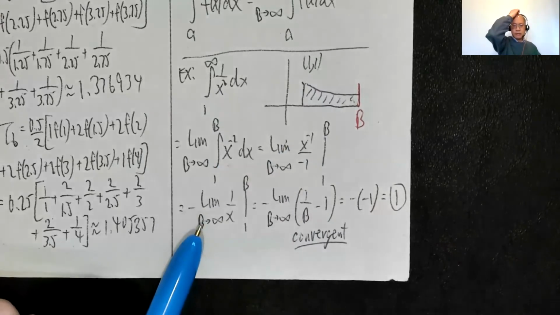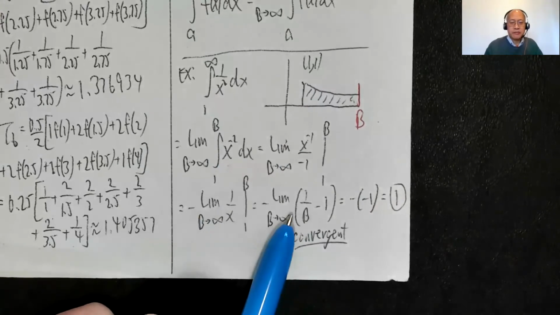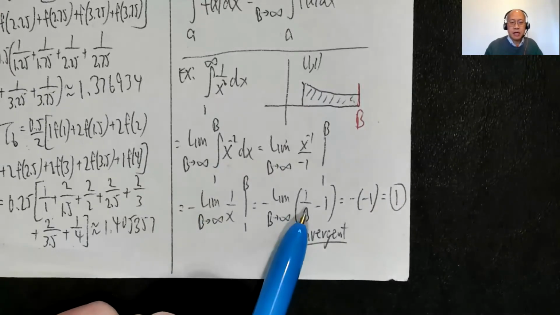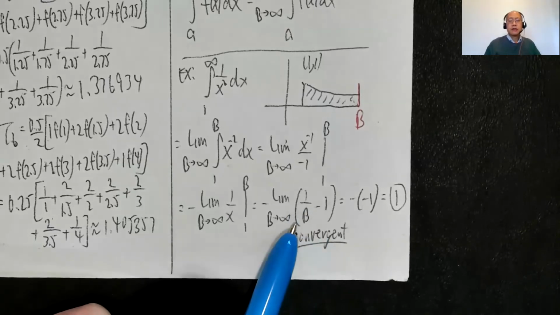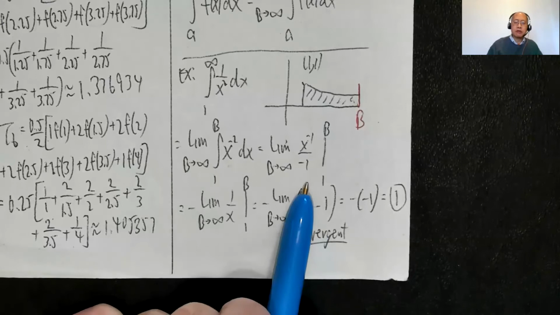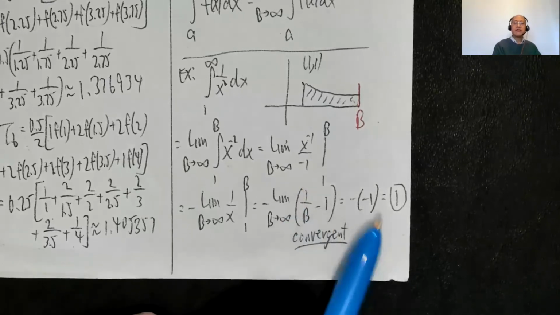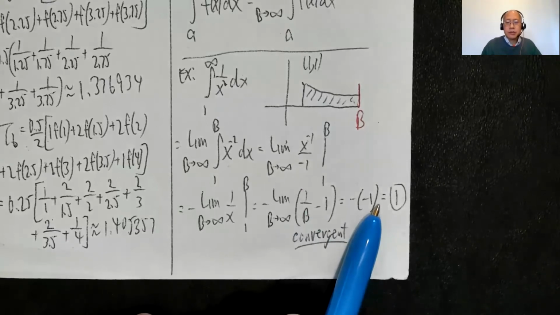So negative the limit as b approaches infinity of 1 over x from 1 to b, which is the opposite of plug in b, you get 1 over b, minus plug in 1, minus 1. Now when b gets really, really big, b becomes 1,000, a million, a billion, a trillion, this thing approaches 0. So I have negative of negative 1, or 1. So the answer is 1. I have a finite amount of area, 1.